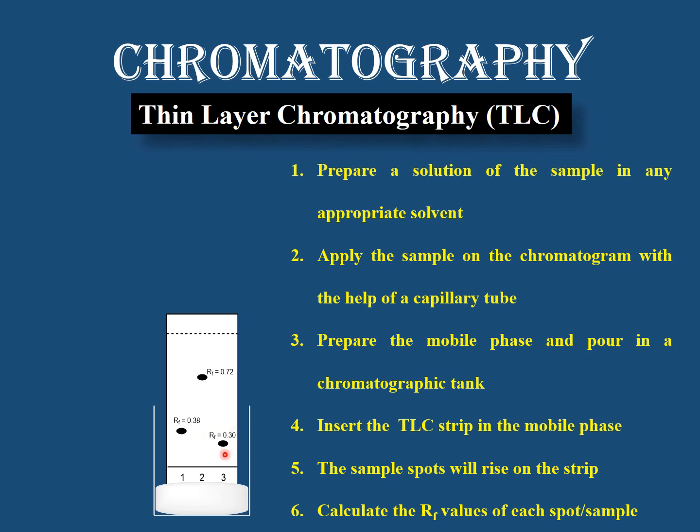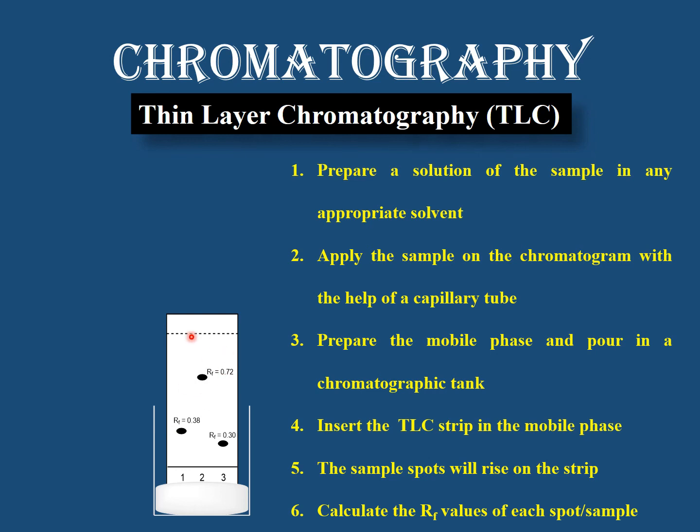this component is 0.30. As discussed previously in the first session, chromatography could be normal phase or reverse phase. If it is a normal phase TLC profile, then the one that has the lowest RF value will be the most polar of these three, and the one with the highest RF value would be the least polar of these three.